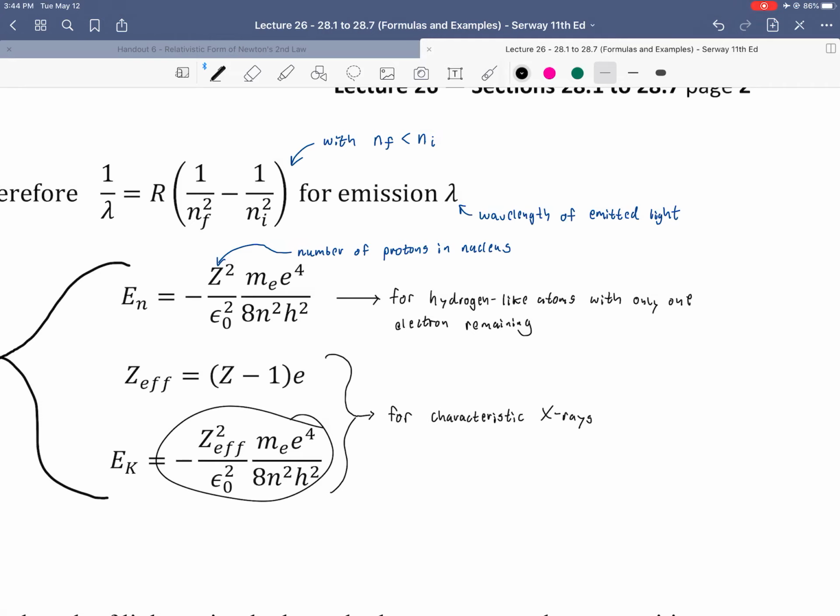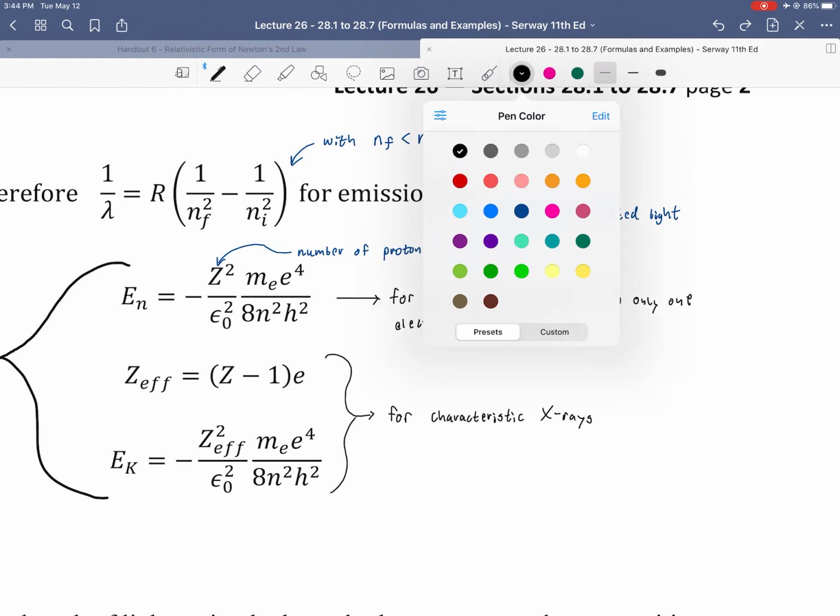The energy is going to be really big because the Z is going to be big, so it's that much larger than hydrogen, thus that much shorter in wavelength. And X-rays have much shorter wavelengths than, say, visible light or ultraviolet light, let alone something like infrared.